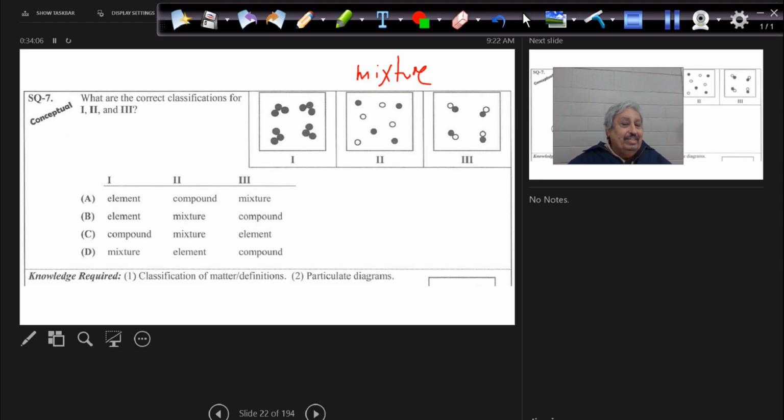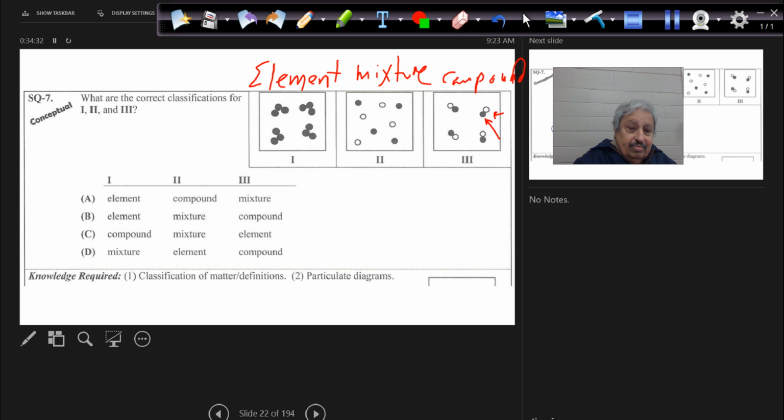Okay. Which one is element? By itself. Element means all the atoms of this element have to be identical, not change. So this one will be what? But if I have different atoms, that will be compound or molecule. Make sense? I have two different atoms, that's molecule or compound.